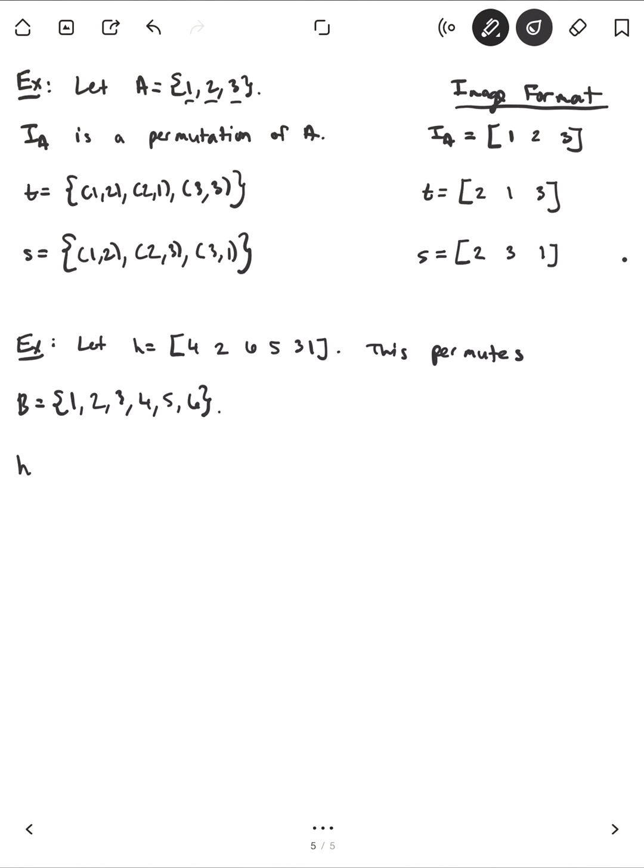And in particular, H equals the function 1→4, 2→2, 3→6, 4→5, 5→3, and 6→1. Okay, so notice how much easier it is to write this bracket notation up here.